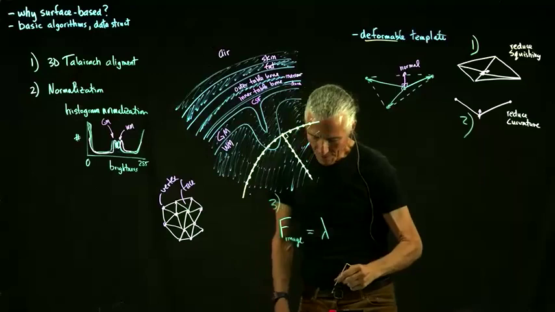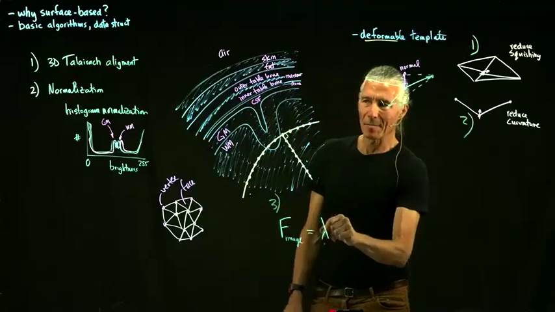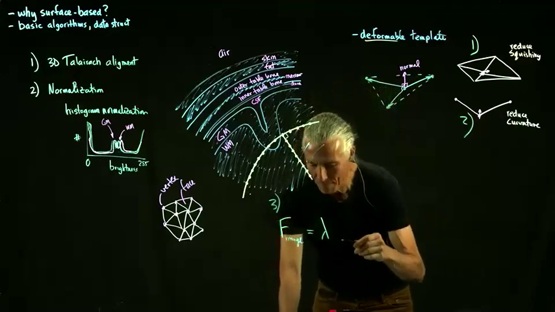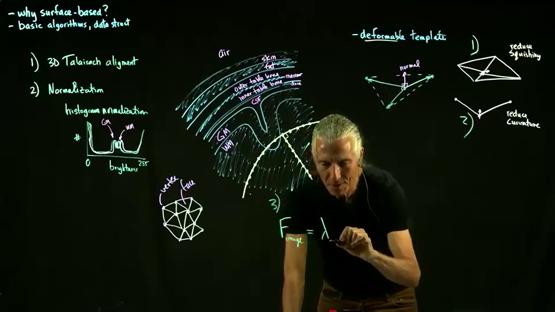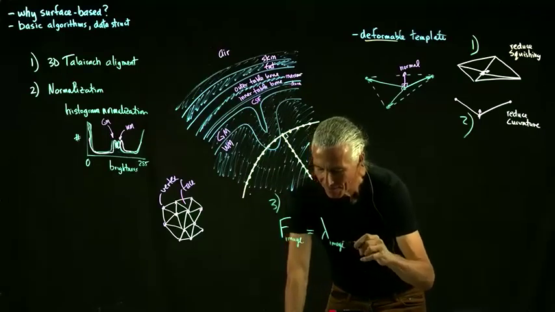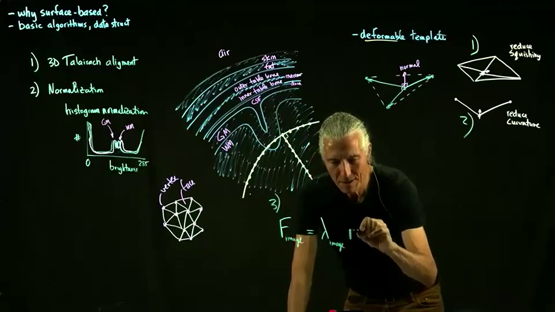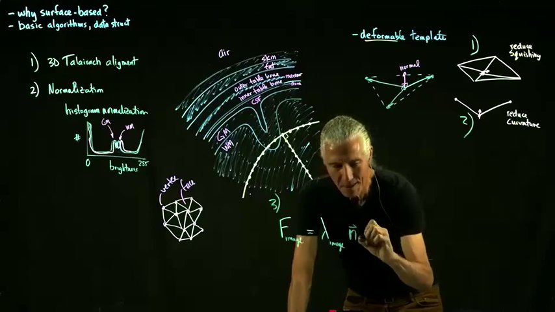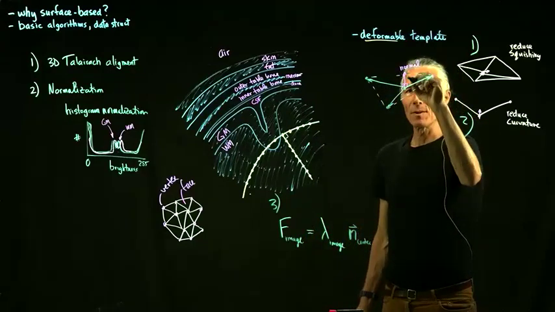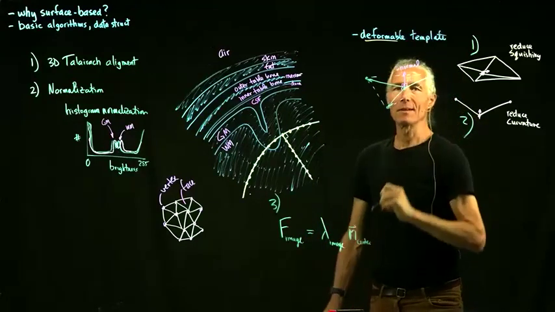This is a knob to say how strong we should make this force relative to the other ones. This is our image force. Then we'll multiply that by the normal of that center vertex. Here's the n right there.